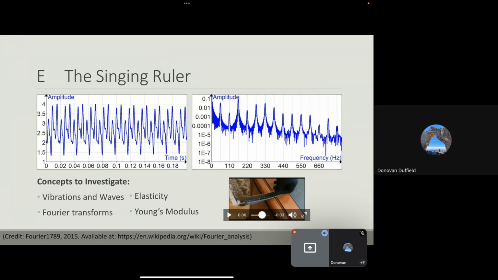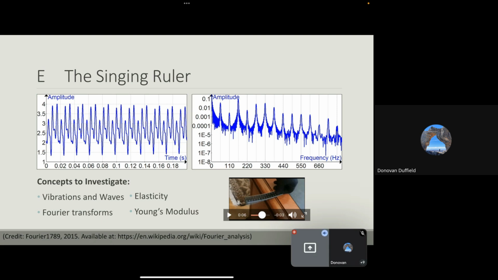But in reality, pitch is not quite like in music where you play a middle C, then that's the pitch, right? If you actually study the sound in detail, the timbre, the full sound of an object is composed of multiple pitches that are composed on top of each other, right? So these are the frequencies, the frequency spectrum. So that is something to investigate with this problem, right? So look at vibrations and waves, elasticity, Fourier transforms, and the Young's modulus.